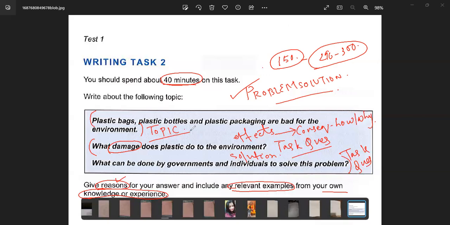Now when you go through this task question, you understand that in your essay you should give effects, you should give solutions, you should give reasons for your answer, and you should give evidence. Am I clear?